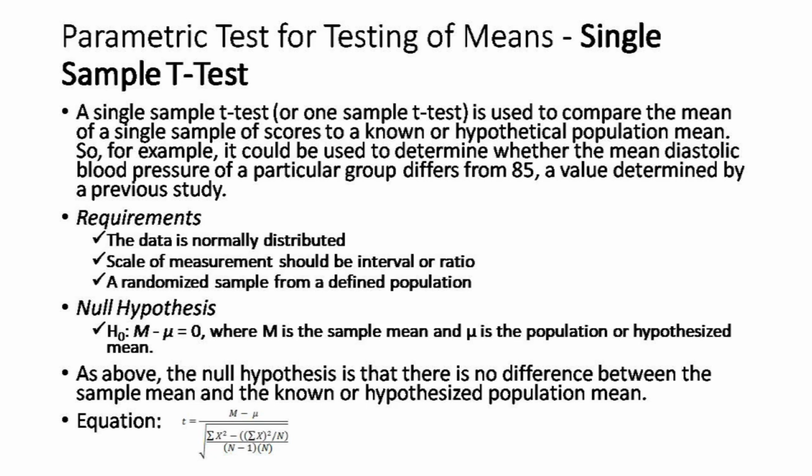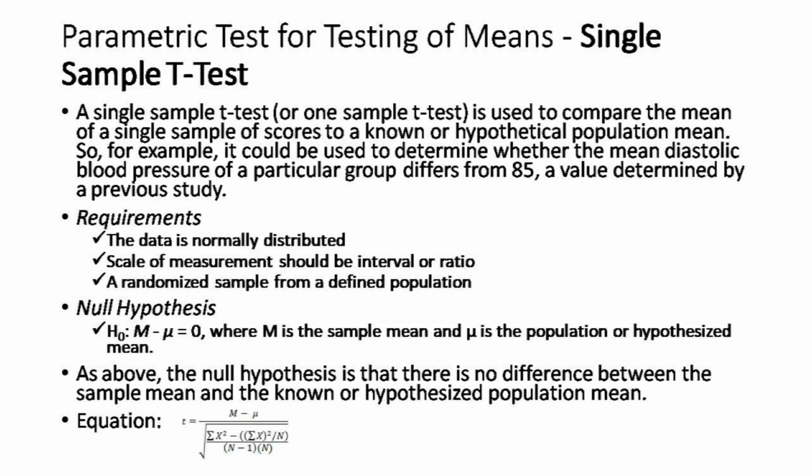The equation used for testing the hypothesis is t equals m minus mu divided by the square root of [summation x squared minus (summation x)^2 by n, divided by n minus 1] upon n. This formula can be modified to simply m minus mu upon s by root n.